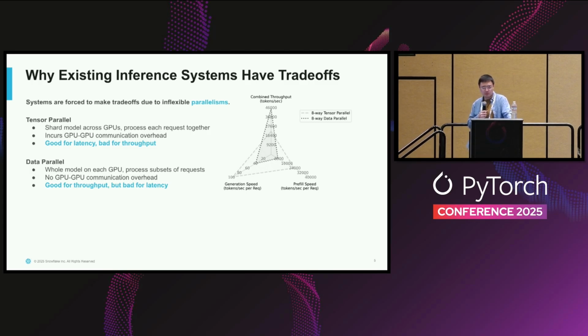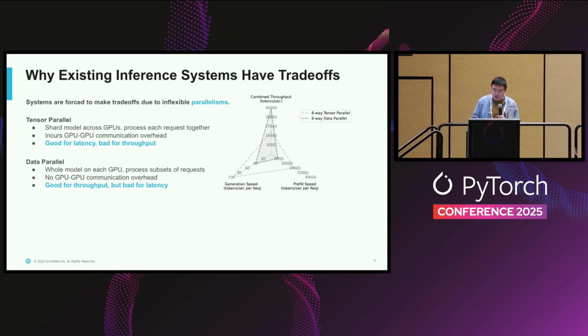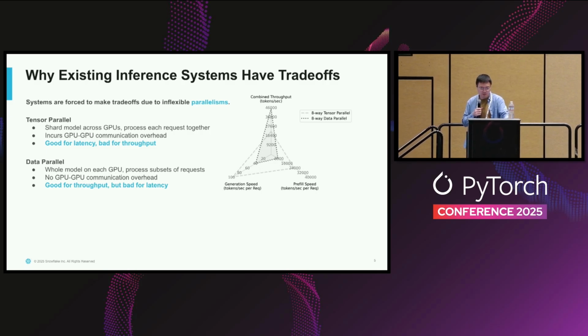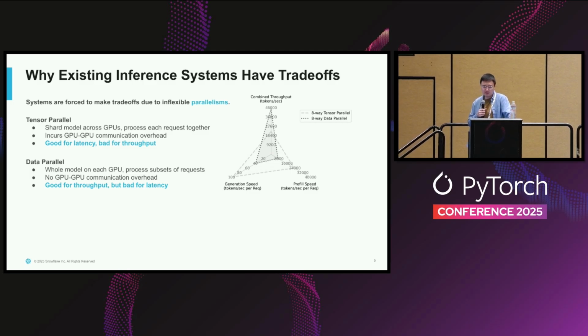But also, because you're only processing each request on a single GPU, it's often bad for the request latency. As we illustrate in this diagram, in terms of these three dimensions that we care about, the combined throughput, the prefill speed, and the generation speed, neither tensor parallelism nor data parallelism can simultaneously achieve the best in all three of these dimensions.